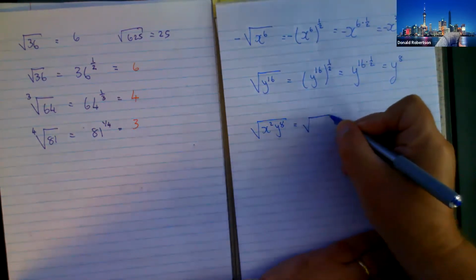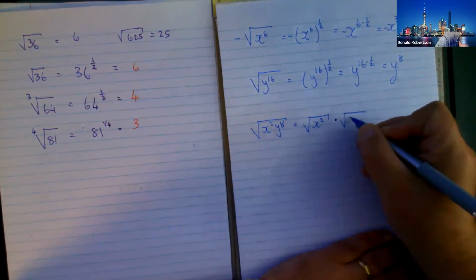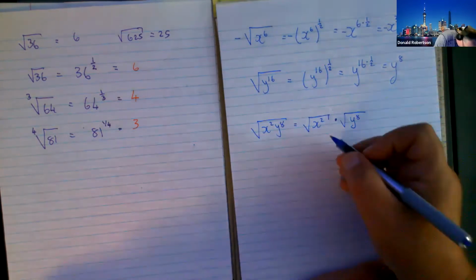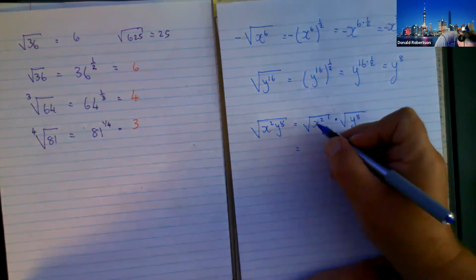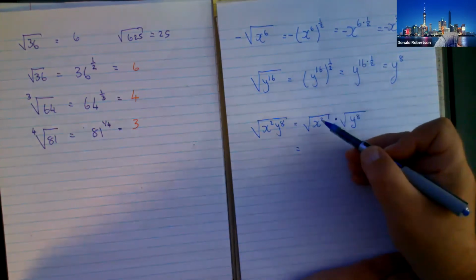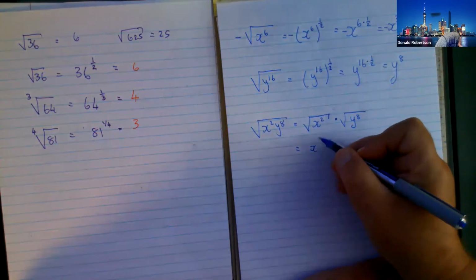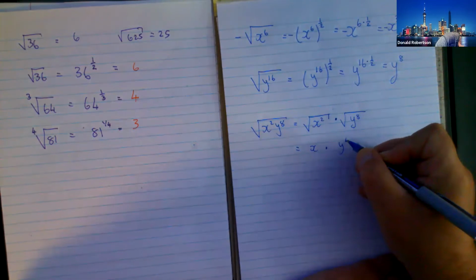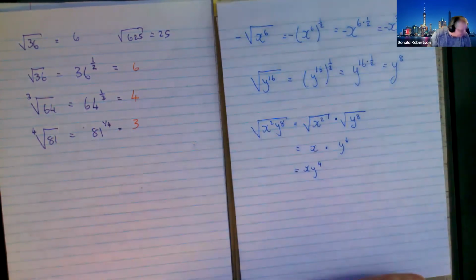The first step is that you're allowed to separate square roots of two things multiplied into two single square roots. And then you can take each one of these in turn and simplify. Now, I'm going to do a shortcut. I know it's half that power, which means x. I know you could say x to the 1, but we just write x. I know it's half that power, which is 4. And so the answer is just x, y to the 4.